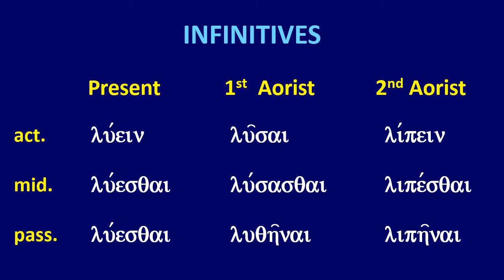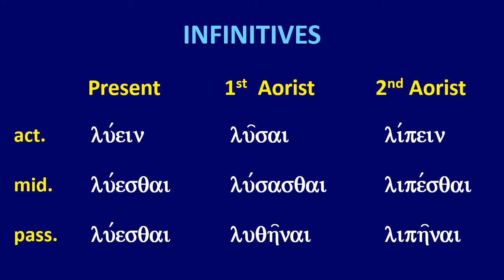Now let's start with the present active infinitive, luein. This would be translated to loose. Or the present middle infinitive, luesthai, and that would be translated to loose, to be loosing oneself. And then present passive, luesthai, that would be to be loosed.